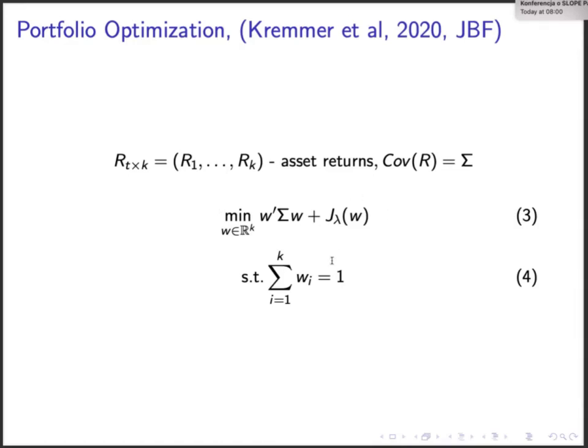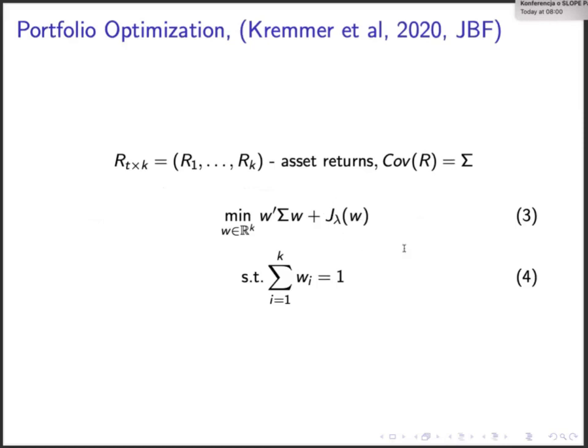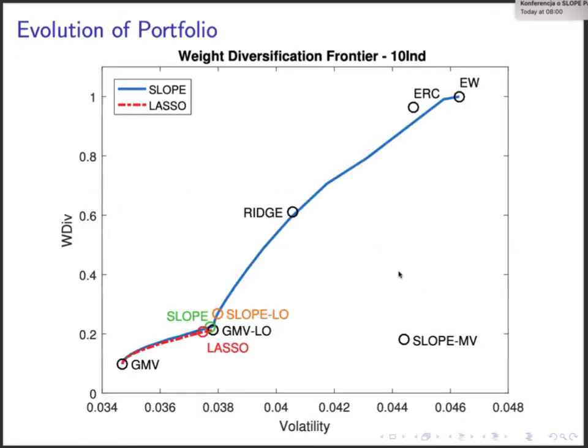People add a regularization term to this to make the portfolio more stable. If you use a very large weight here, then you end up with an equally weighted portfolio, where you put exactly the same money into all assets. This is the equally weighted portfolio, and this is the global minimum variance portfolio.